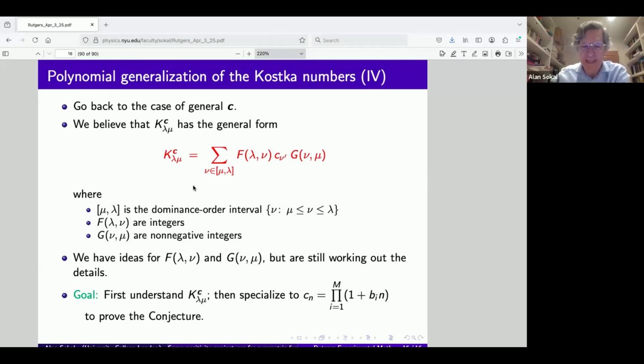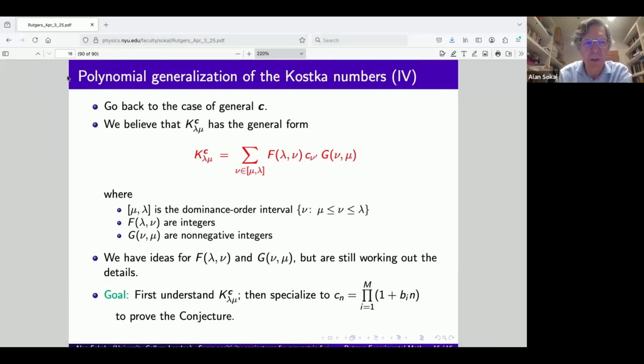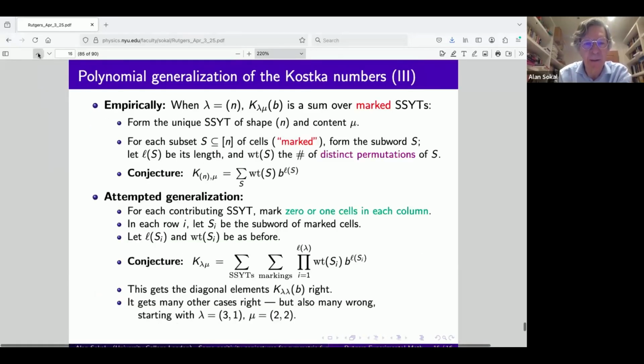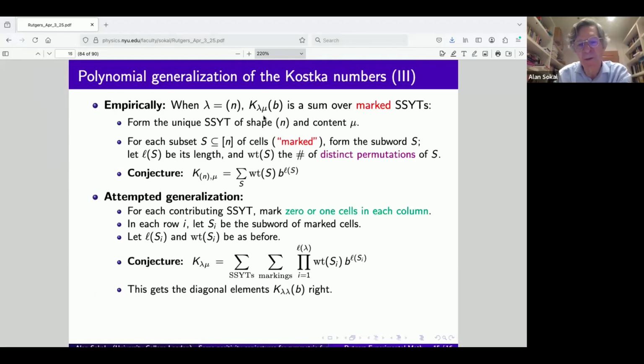The B's are kind of ordinary variables, and you could have one of them or many of them. And just trying to understand combinatorially, even just with one variable B, what is K lambda mu of B? So ideally, what we would like to do is have a combinatorial interpretation of K lambda mu of B, in which it's obvious that all the coefficients are non-negative. That's kind of the goal.